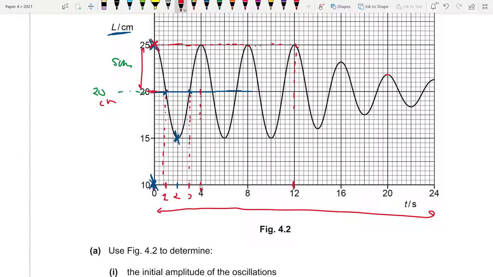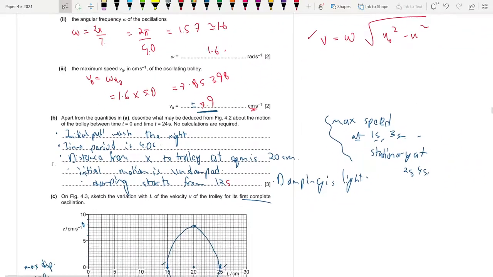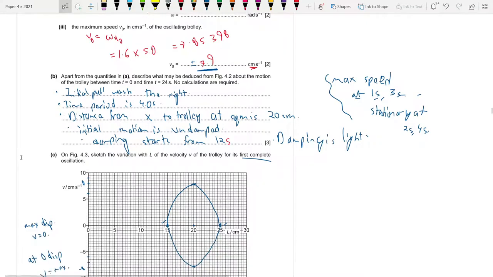So 1, 3, or you could say that it's stationary at 0, 2, or 4, right? These are available. Stationary at 2 seconds, 4 seconds, etc. So basically maximum displacement stationary, zero displacement from equilibrium position, that's maximum speed.